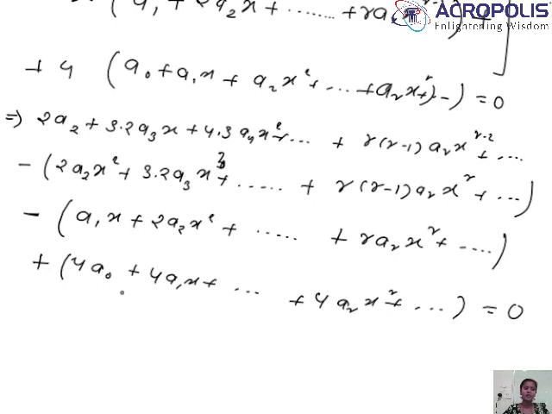Now we are equating to 0 the coefficients of x to the power 0. What are the coefficients of x to the power 0?